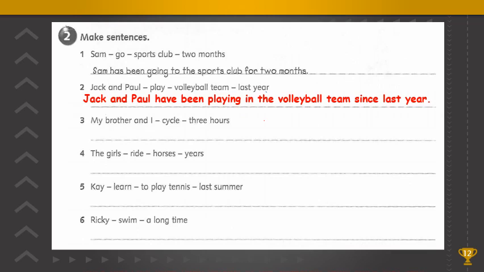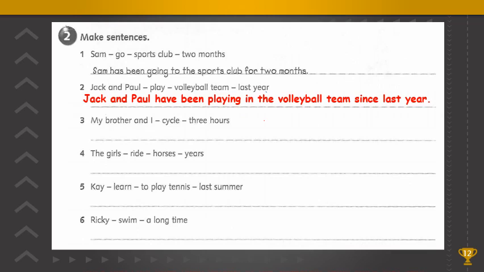So you have there have been playing because the subjects are Jack and Paul. And since this is in the present perfect continuous, we have the auxiliary verb have plus been plus the verb in its ing form.